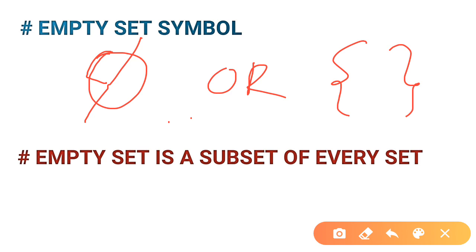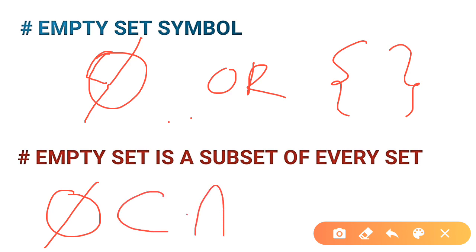And next, a very important property and very important note: the empty set is a subset of every set. In the previous class we already discussed this. The empty set is a subset of every set, whatever it may be, and pi is also a subset of pi, which is obviously true.